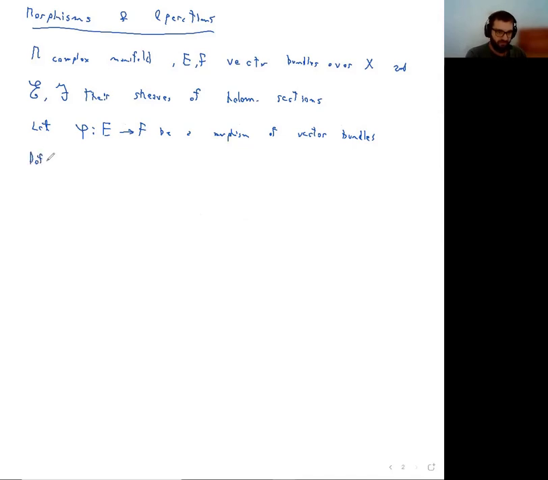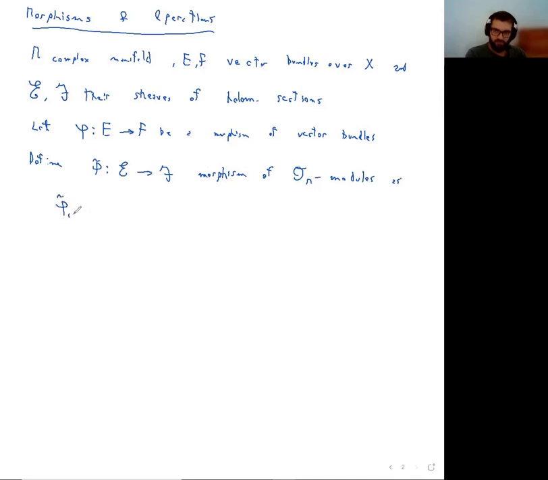And in fact, we can define phi tilde from script E to script F. And this will be a morphism not only of C modules, let's say, but O modules.